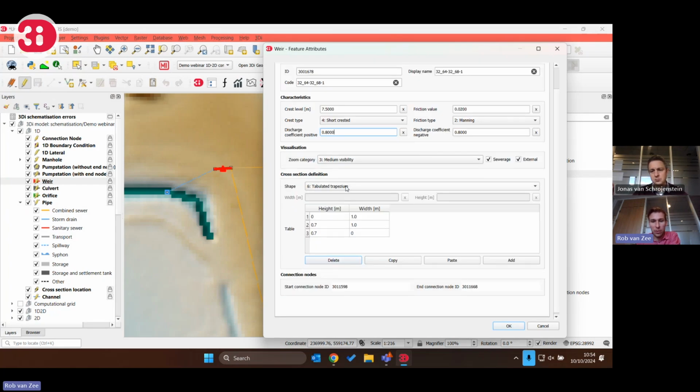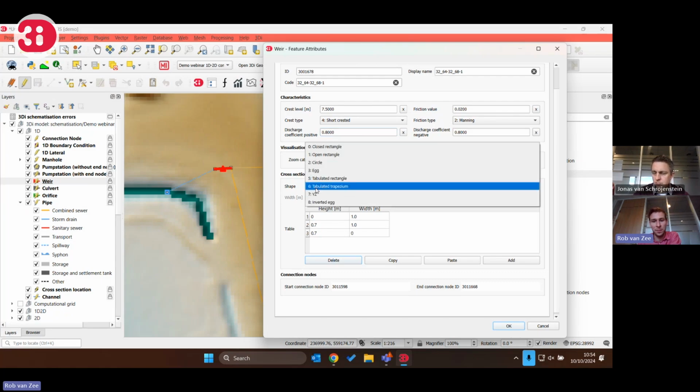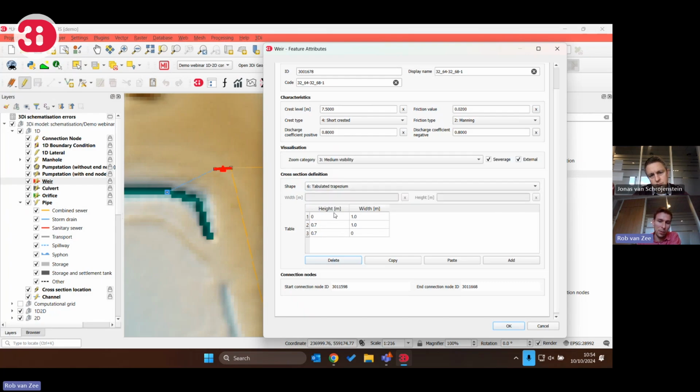Then we've got the cross-section definition. And there are, of course, a lot of possible shapes of weirs as well. Here we use tabulated trapezium, and that's actually a nice way to have a lot of options to make your weir. So you can give it a lot of shapes.